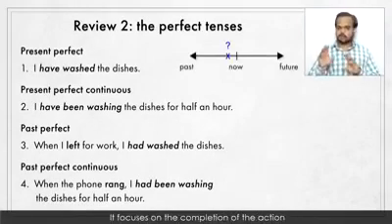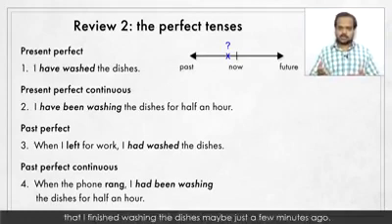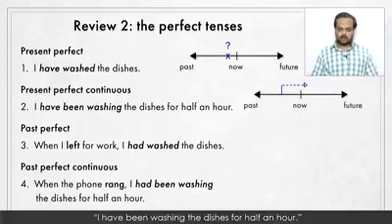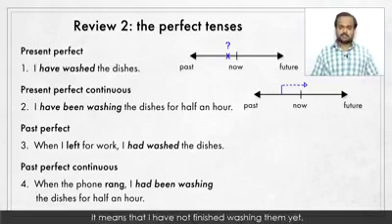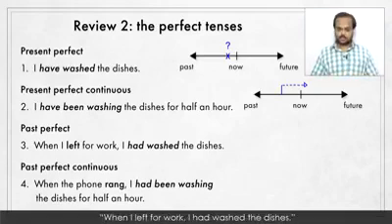It focuses on the completion of the action and doesn't mention the exact time. But you understand that I finished washing the dishes maybe just a few minutes ago. I have been washing the dishes for half an hour is in the present perfect continuous tense. It means that I have not finished washing them yet. I started half an hour ago and I'm still doing it.